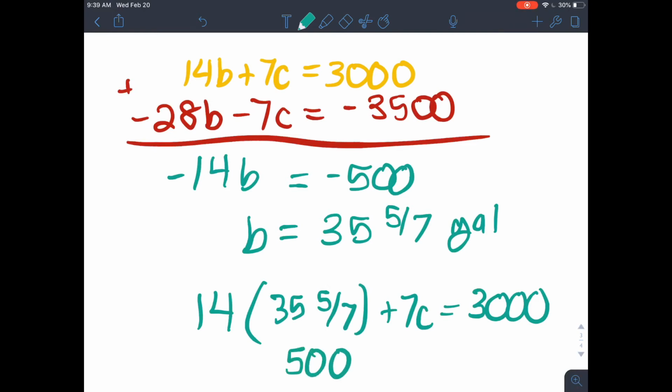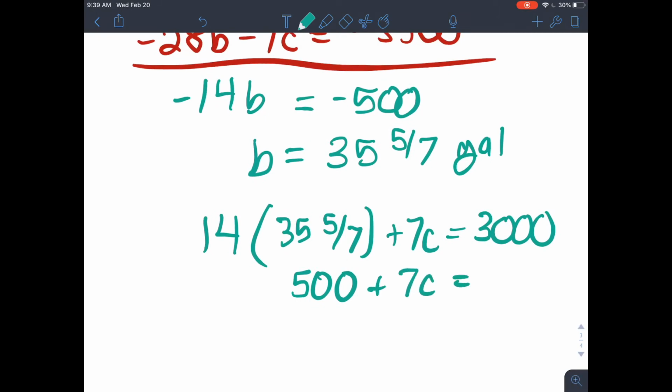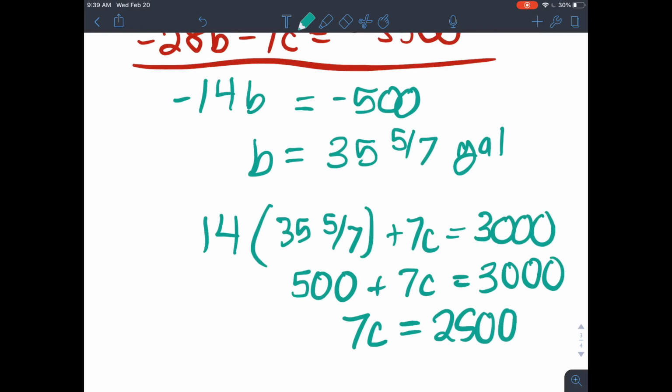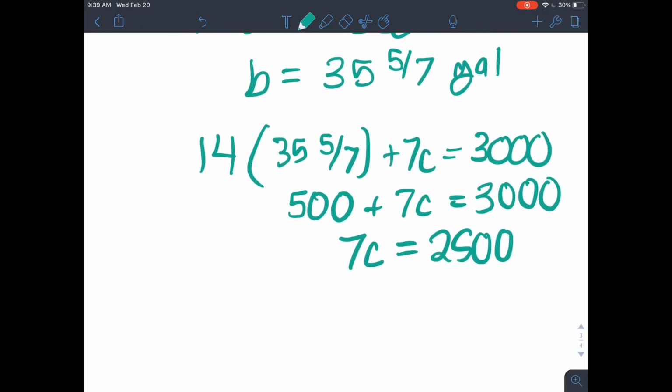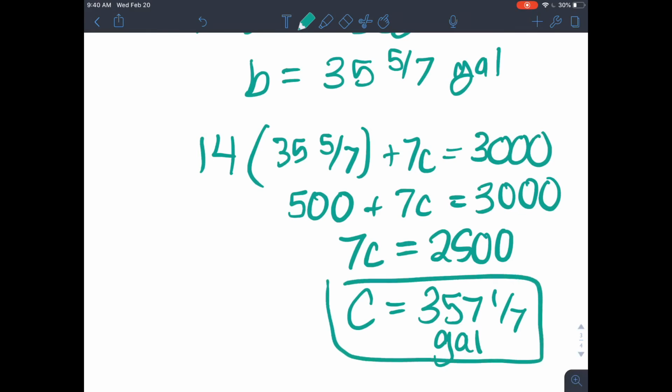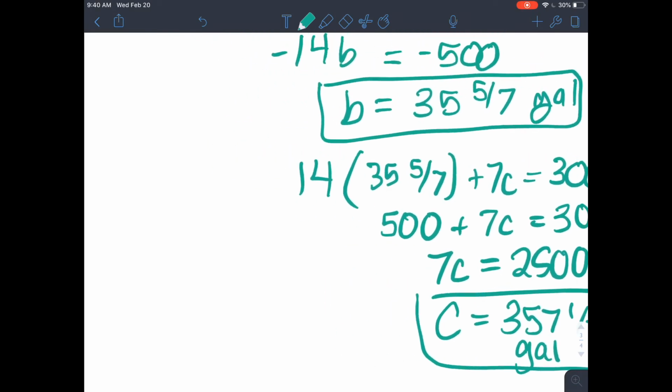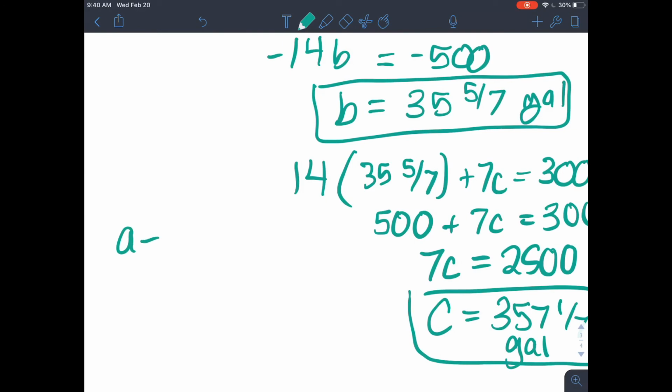Again, it's not going to be a pretty value. So that's 500, subtract, divide by 7. You end up with 357 1/7 gallons for the amount of paint C that you're using. So a lot of expensive paint, probably because we needed that value to be pretty high, $6 per gallon.